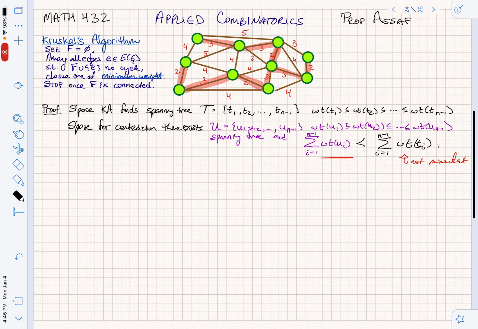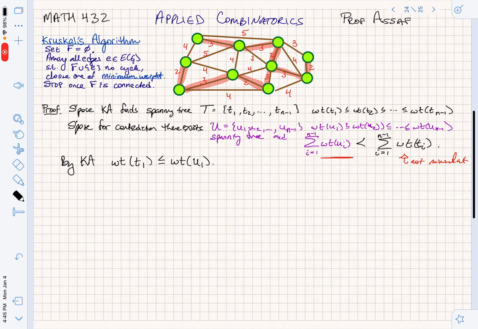So by Kruskal's algorithm, we know that the weight of T1 has to be at most the weight of U1. Because the way Kruskal's algorithm starts is all edges are in play, and you pick the smallest weight one. So whatever the smallest weight thing is for you, it can't be smaller than the smallest weight total. Okay? Great.